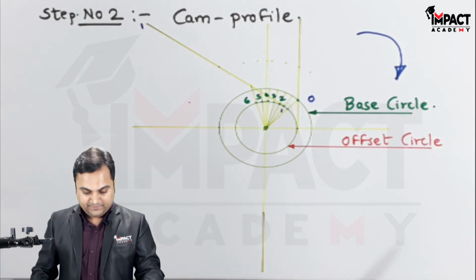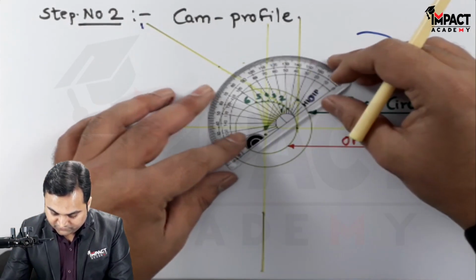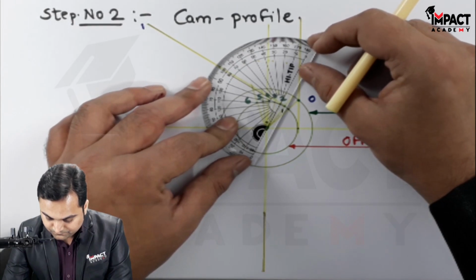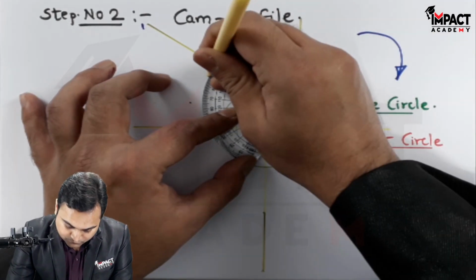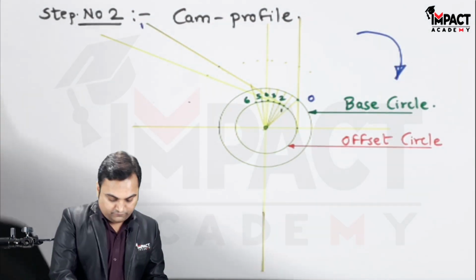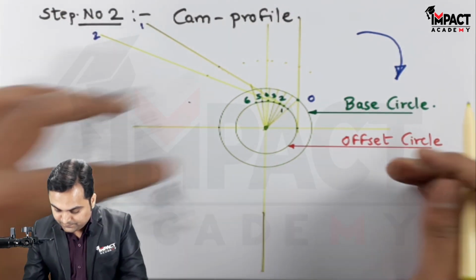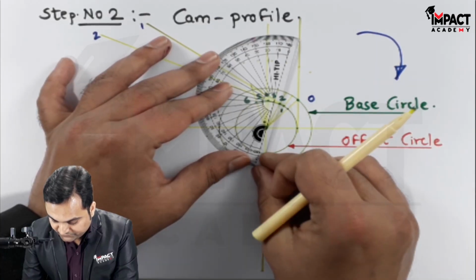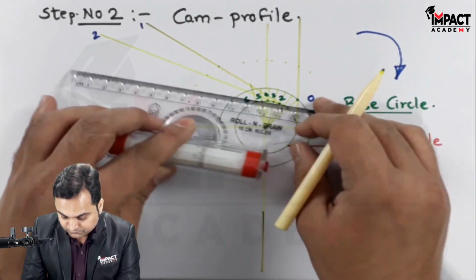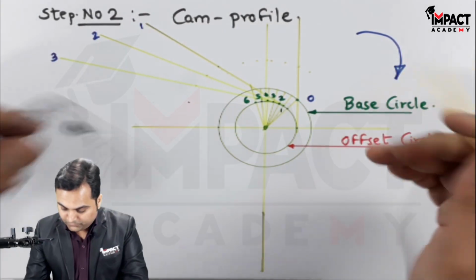Similarly for point second, and we need to draw the tangents in order. So after point number 1, it is the point number second. Tangent for the second division. Next for the third division. From the offset circle, remember we are drawing the tangents. Then point number 4.